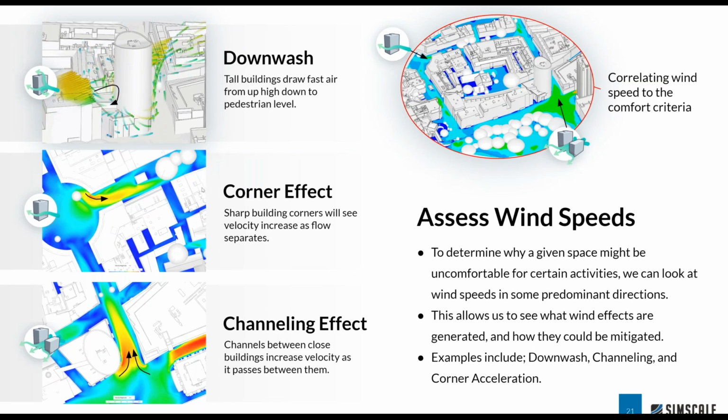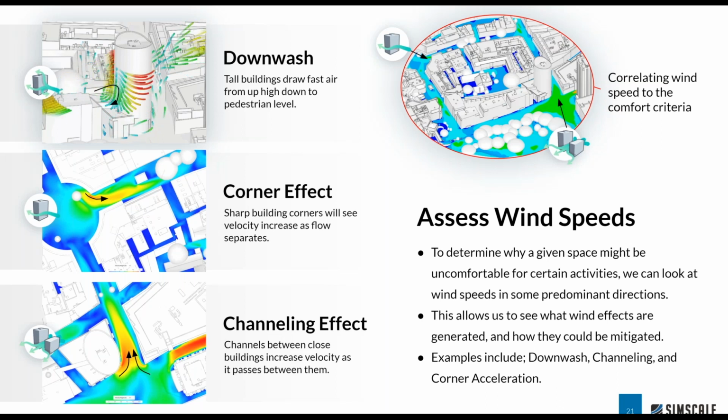We've got cornering effects, where sharp corners in buildings could be causing some bad pedestrian comfort in those areas. And we've also got channeling, where flow is trying to go between 2 buildings. It's being forced between those buildings, and therefore it's speeding up its wind speed and negatively impacting the pedestrian comfort.